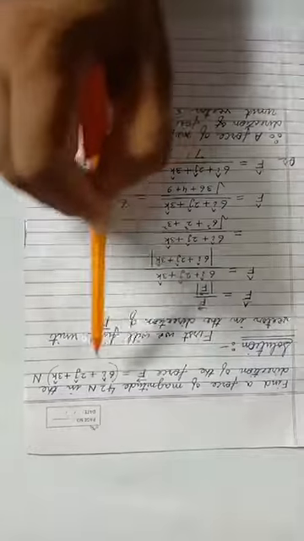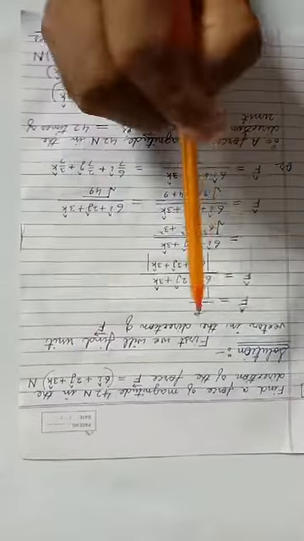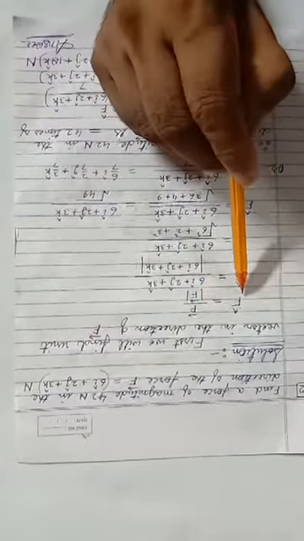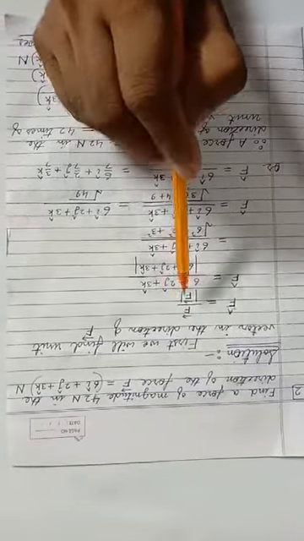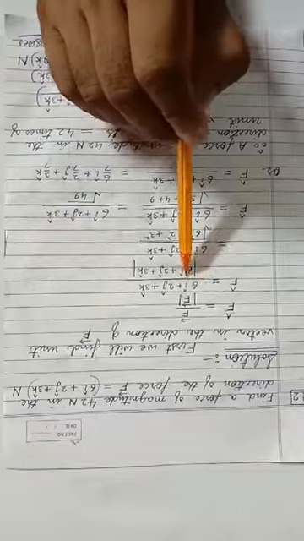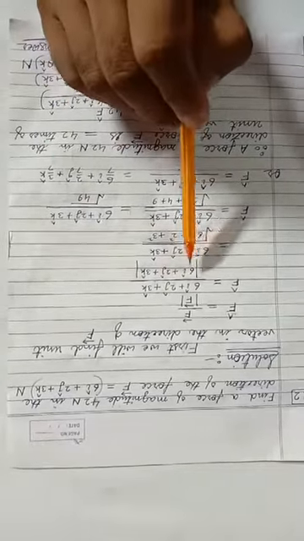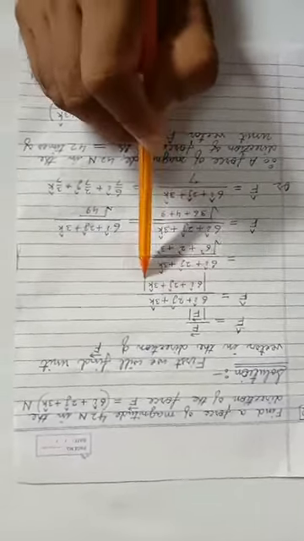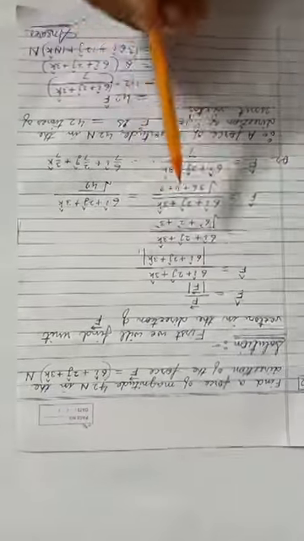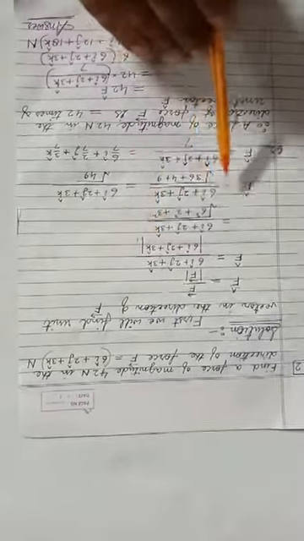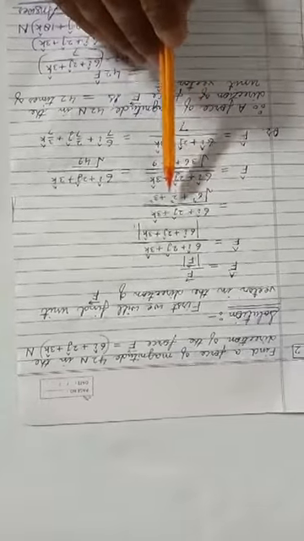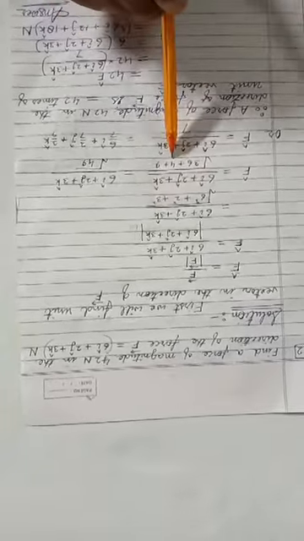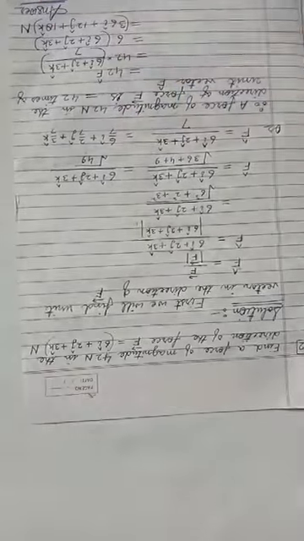To calculate the unit vector in this direction, that is F cap, F cap is equal to vector F divided by mod F. Vector F is given, 6i cap plus 2j cap plus 3k cap, upon its magnitude. You know now how to calculate the magnitude. This comes again 6 square plus 2 square plus 3 square, that is 36 plus 4 plus 9, that is root 49, and it comes out 7.